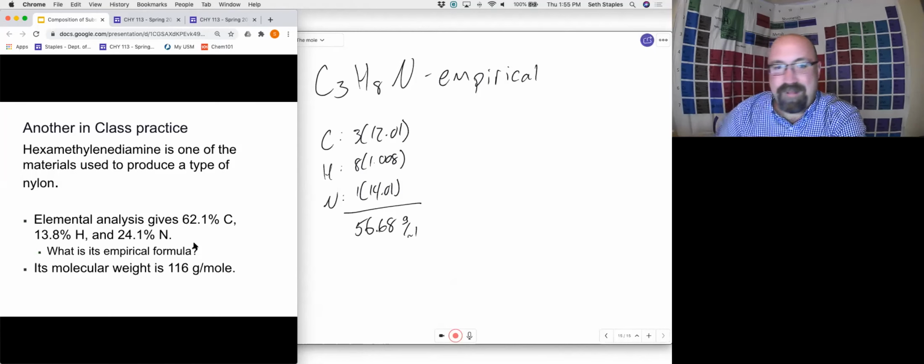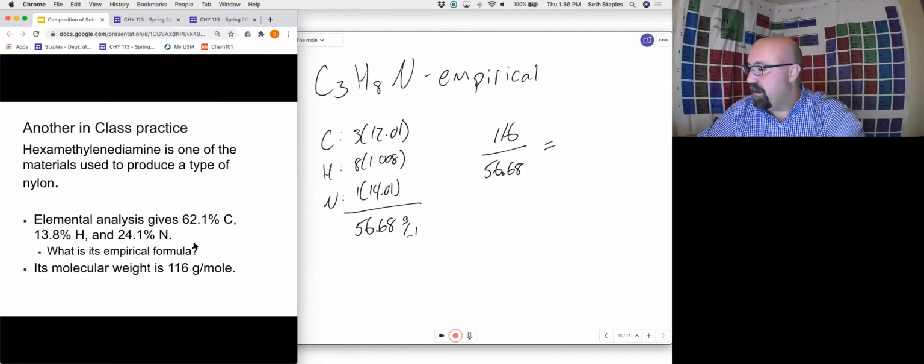We're told that our molecular mass is 116. We'll divide that by our 56.68, and we get an answer that's pretty darn close to 2. It's a little bit less than 2, but pretty much right at 2.